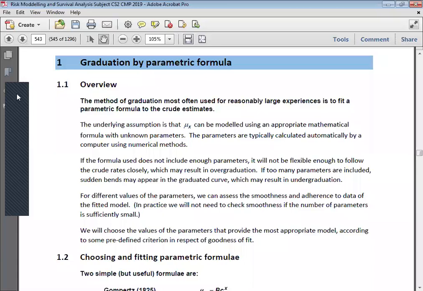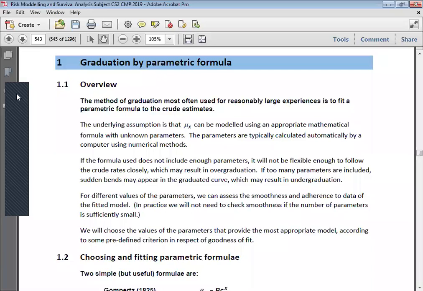The very first thing that we need to remember is that not every technique of graduation is suitable for any data set that we might have. This particular technique, using a parametric formula, is suitable only where you have a large set of data, because you would want this formula to fit perfectly, and you do not want to overgraduate or undergraduate.